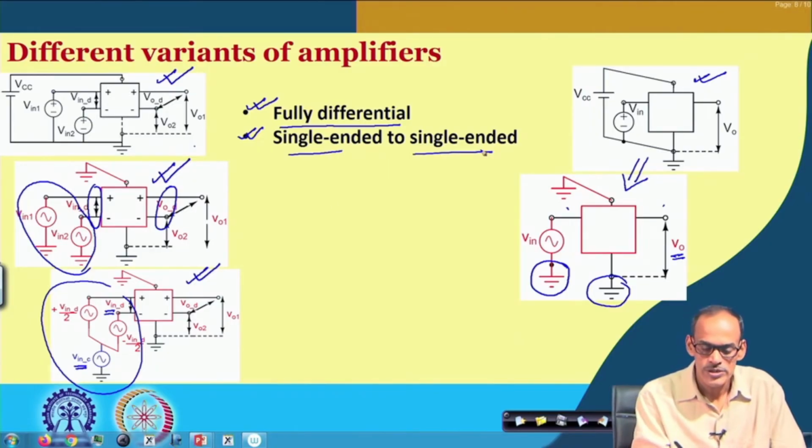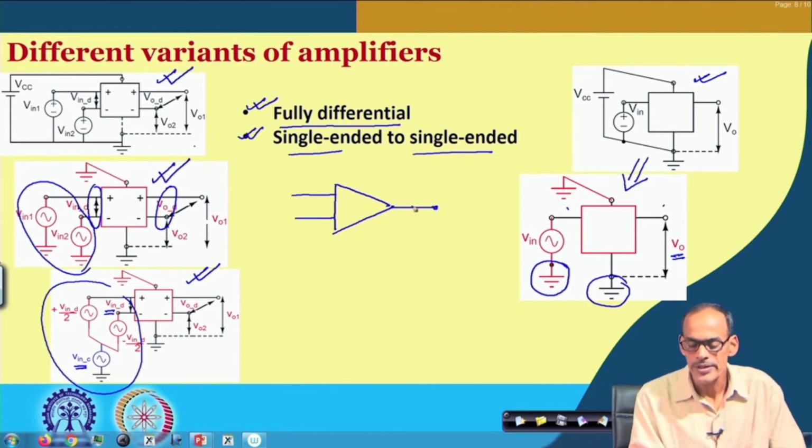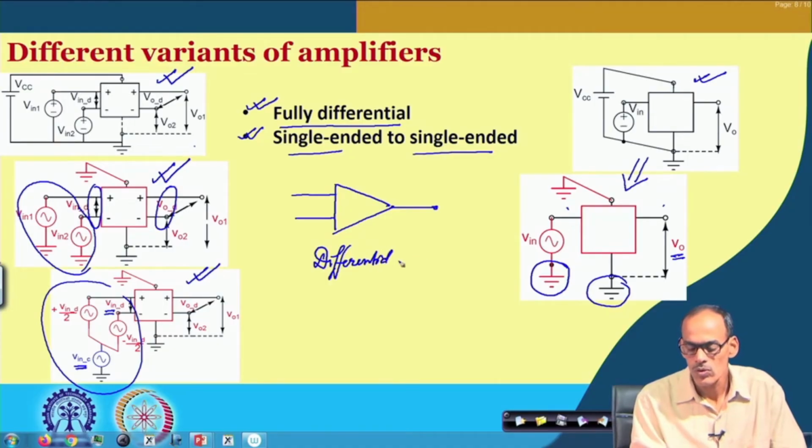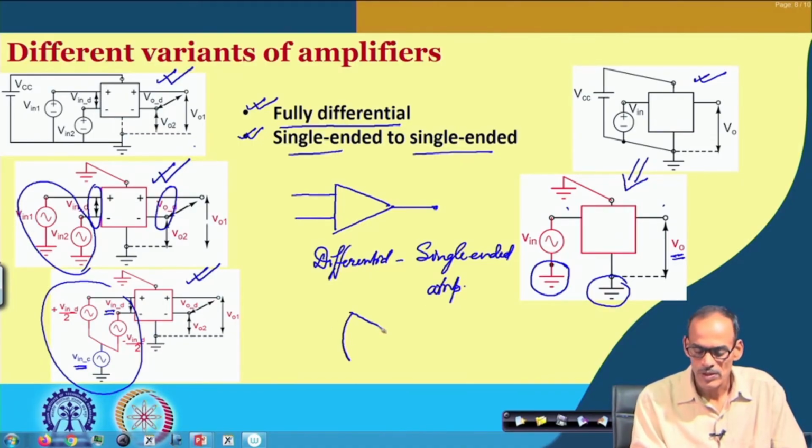The third possibility is that the input can be differential and the output can be single ended, which is referred to as differential to single ended. In fact, whenever we talk about an op amp, it is also one kind of differential to single ended amplifier, right. What is the other possibility?